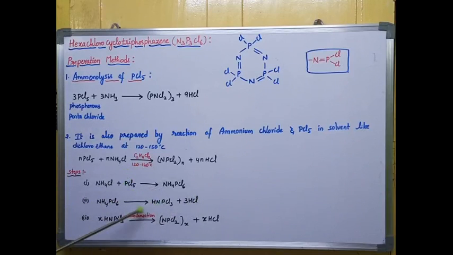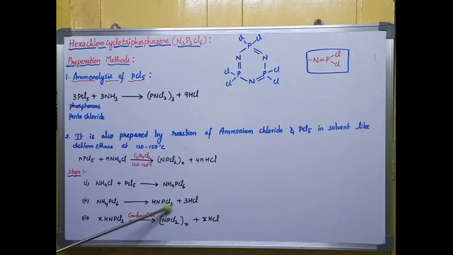Okay, now x units of NHPCl3 undergo condensation. That means x units, many units you can take. It is the monomer. So many monomer units are combining and undergo condensation, and x molecules of NHPCl3 undergo condensation to produce (NPCl2) base x.